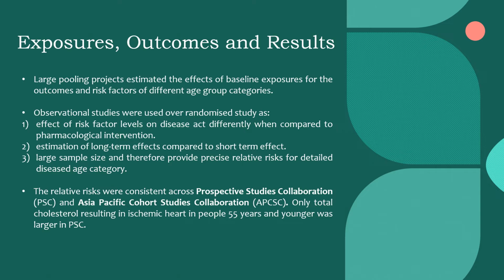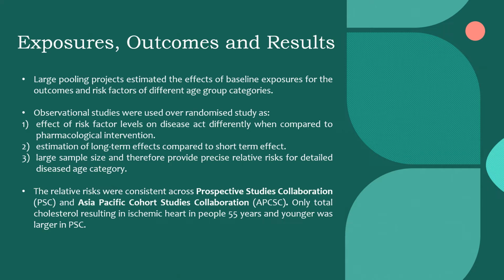Relative risks for the estimated effect of BMI on diabetes and hypertensive heart disease were larger in Western cohorts as compared with the Asian cohorts in adults more than 55 years of age, perhaps due to longer exposure to high BMI in Western populations.